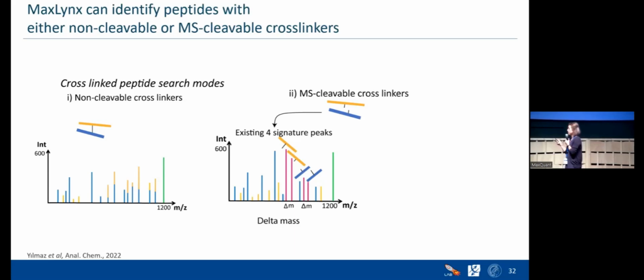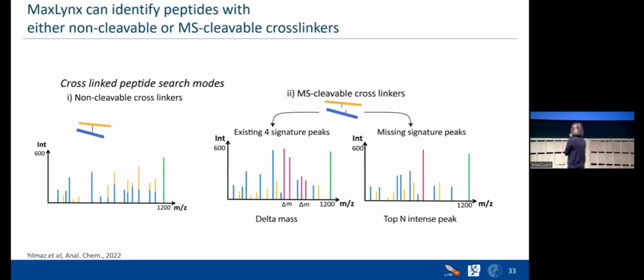our spectrum. But it's very possible that we don't actually have all these four signature peaks, and there are some studies showing that they are missing. But they also show that the signature peaks tend to be on the top end. What I mean by top end is that they are the highest intensity peaks in my MSMS spectrum.